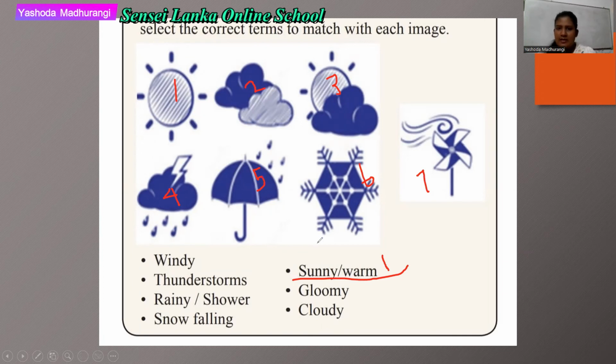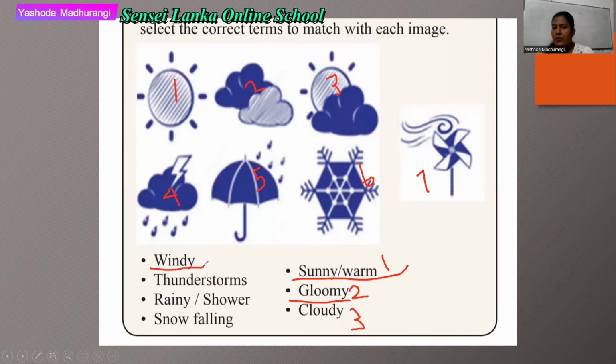It is a dark color cloud. When there are dark color clouds, we say gloomy. The environment is very dark, gloomy, because no sunlight. It is about to rain. The third one, sunlight is there, but clouds are also there. So it is cloudy.